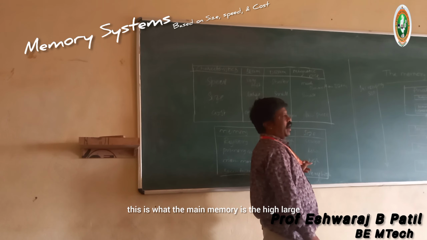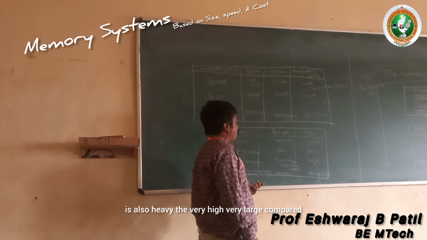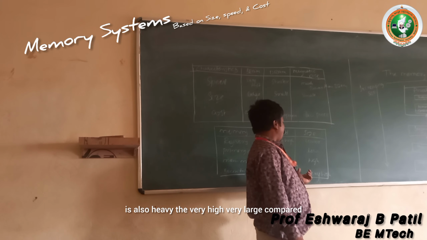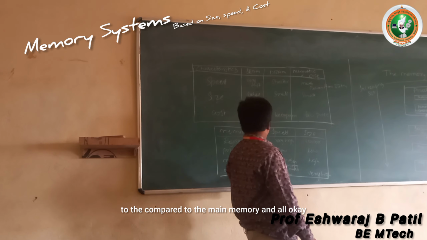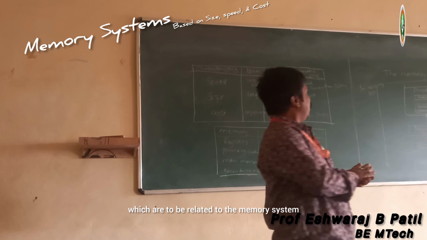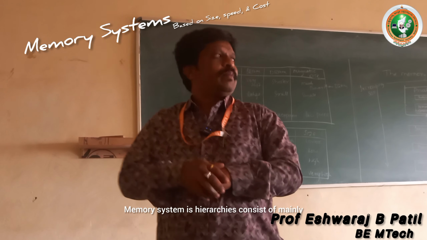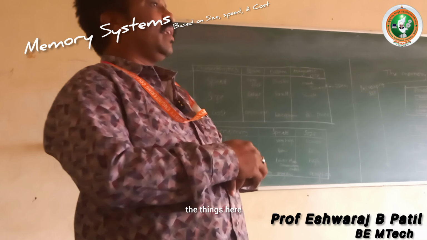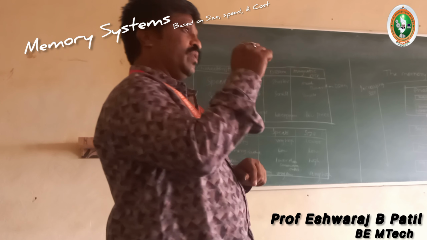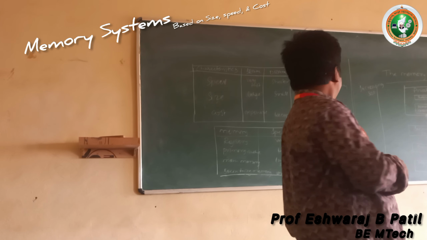The main memory is large, and secondary memories are very large compared to the main memory. These are some things related to the memory system. The memory system hierarchy mainly consists of these jargon words: cost, size, speed.